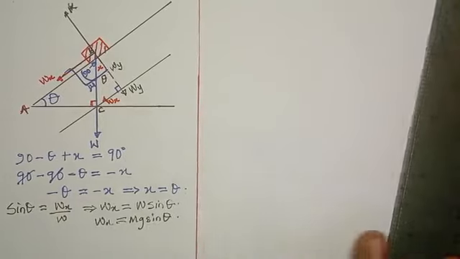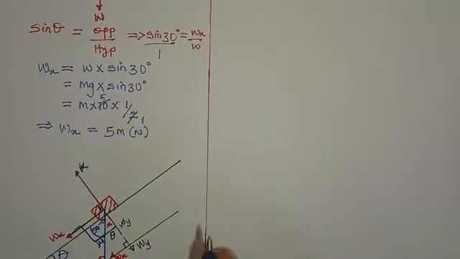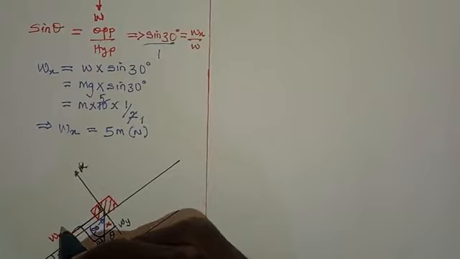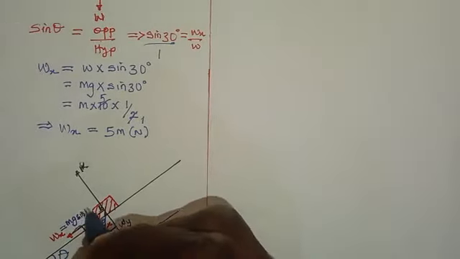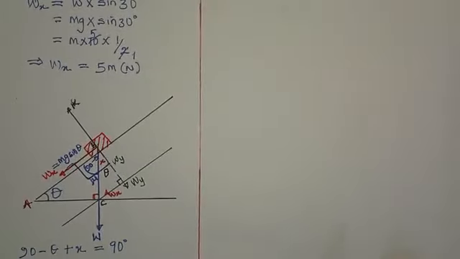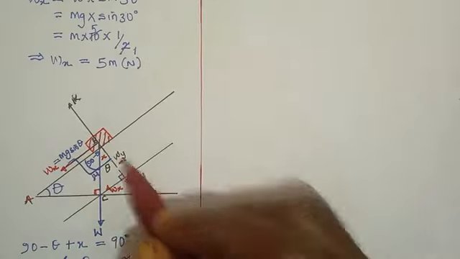I hope this is understood. So in that case, the component along the inclined plane is equal to mg sine theta. Is that understood?